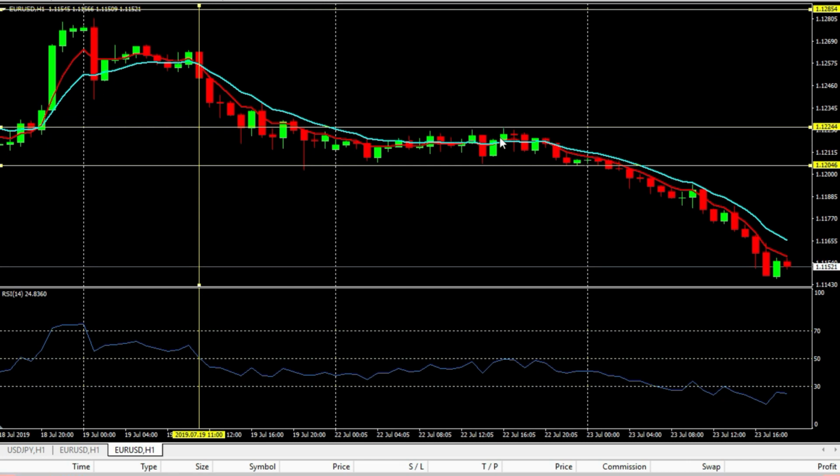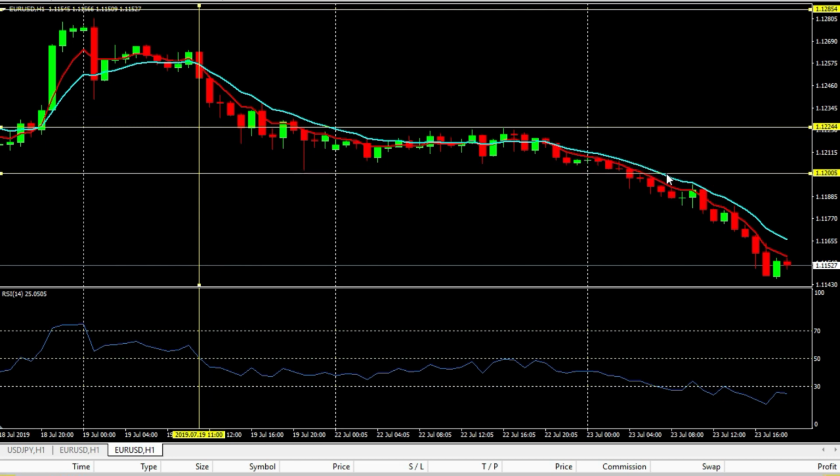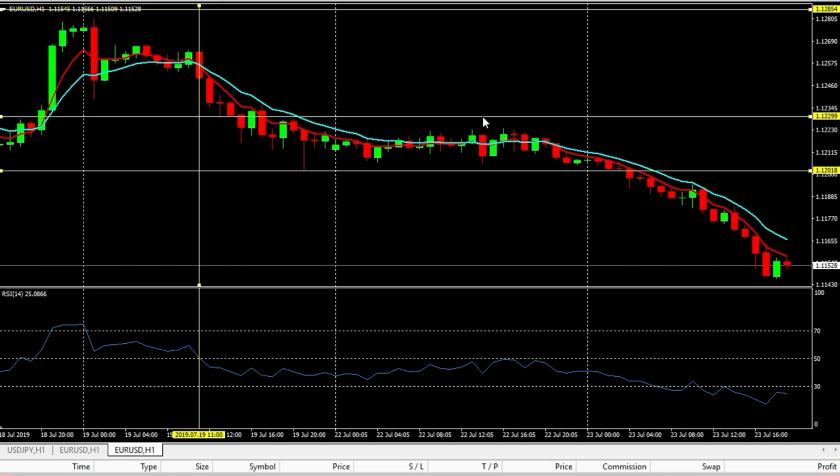Now there was a breakout of this consolidation at this point, and we see the RSI is also going down, so we take a trade at the open of this new candle. We enter the market and place our stop loss 5 pips above the most recent high, which will be about here.